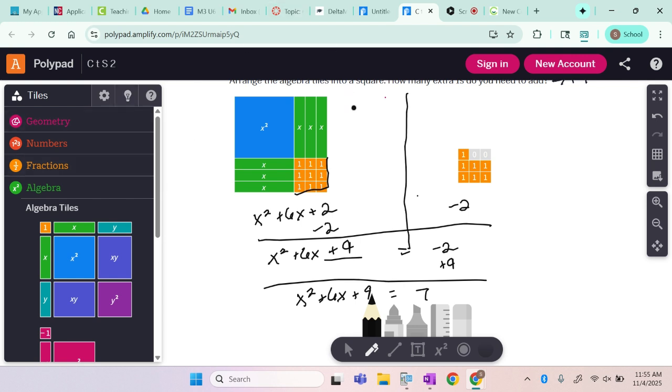Since I have the square, I can get my side lengths. So what do you guys think my side lengths are? So think about it. What do I have to get to multiply to x squared? What has to be on this side and this side? Think box method. x.